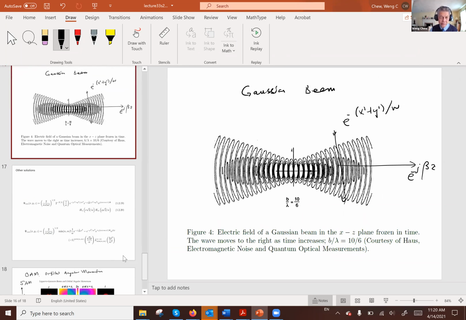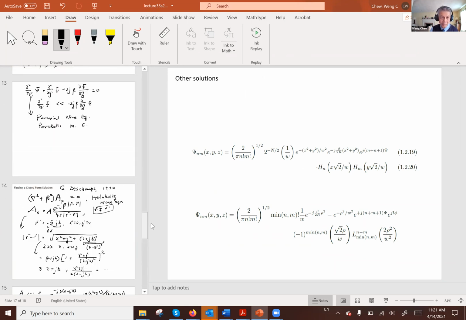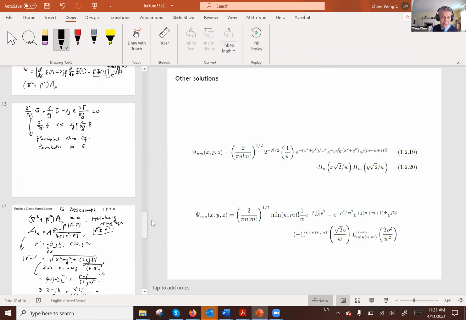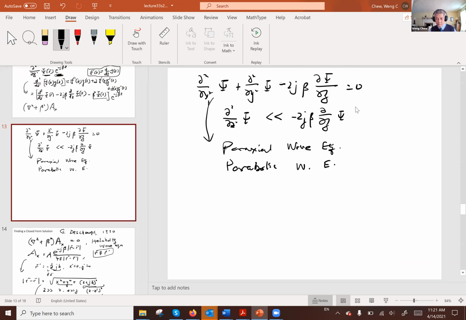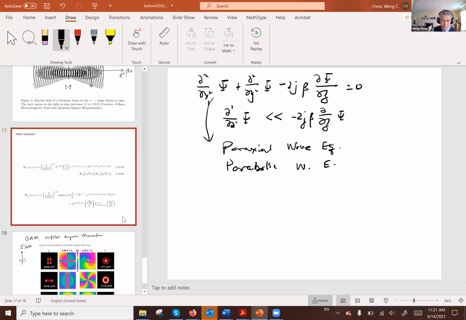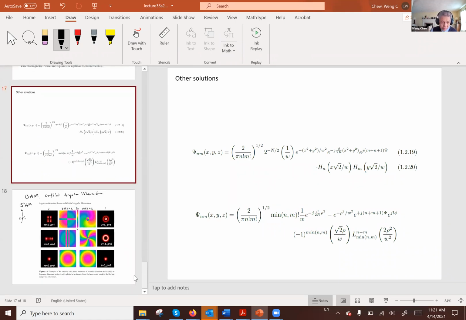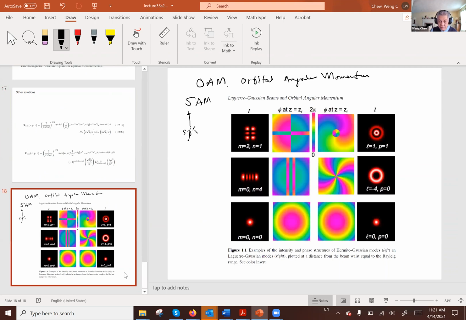And of course, you can also solve the paraxial wave equation using separation of variables, because essentially it's just a PDE, and you can solve this equation using separation of variables and then obtain complicated solutions like this. Okay. And then you can also look at these beams in full glory in terms of their graphics, and they will always look very beautiful.